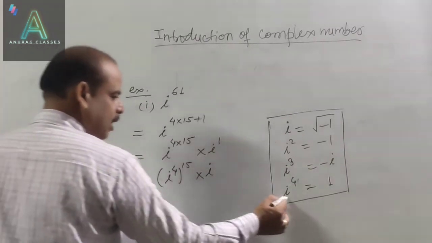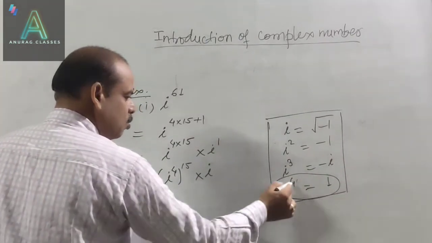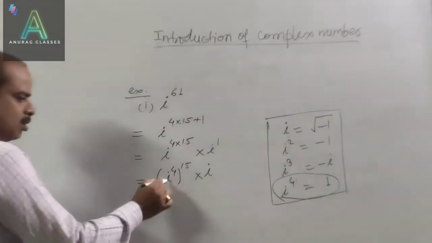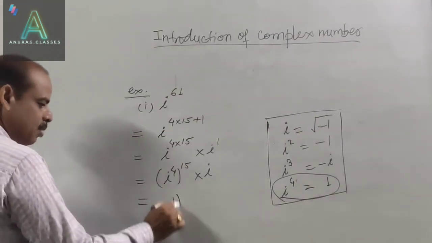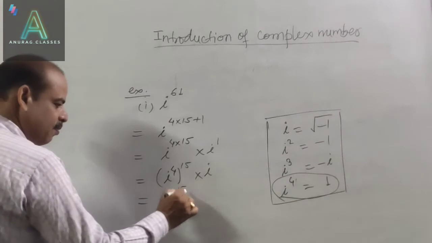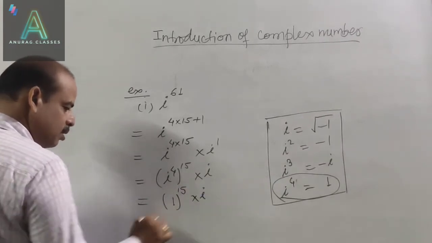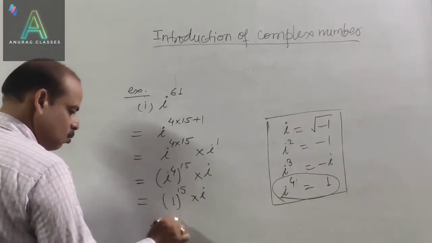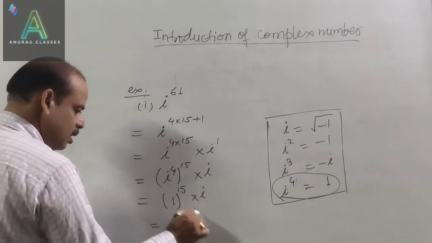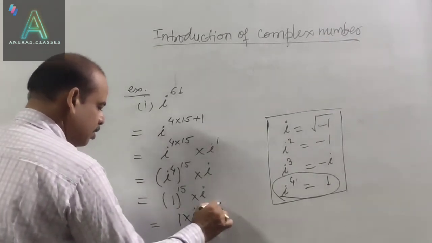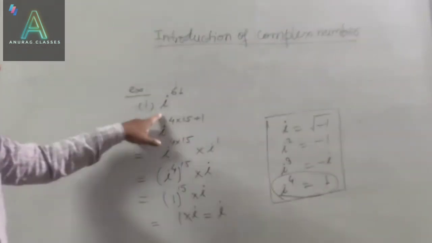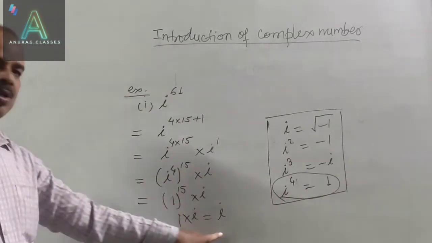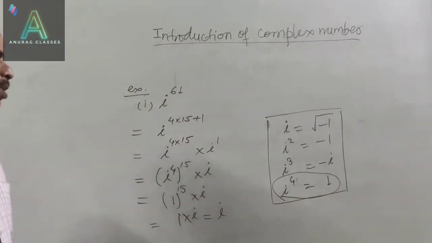By the formula, iota to the power 4 is equal to 1. So 1 to the power 15 into iota means 1 into iota, and it will be iota. So iota to the power 61 will be equal to iota.